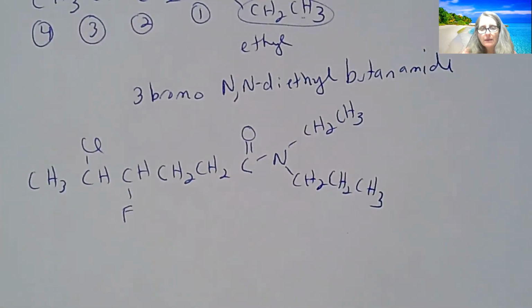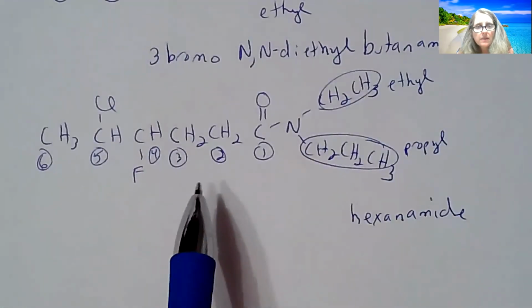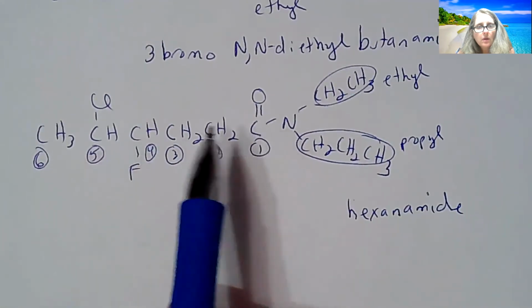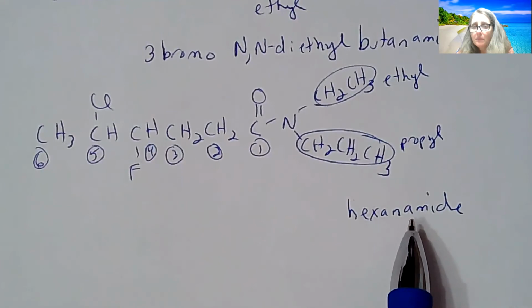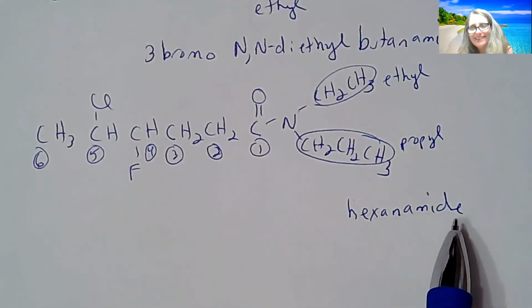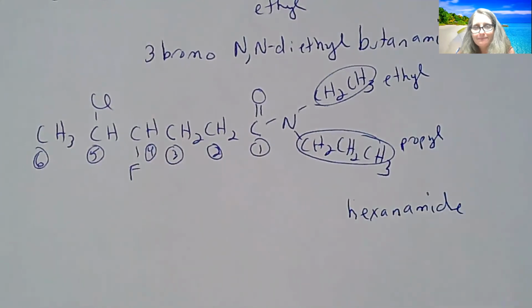See if you can name it. So this one has 6 carbons as the longest chain. So it's going to end in hexanamide. Again, dropping the E and putting in an amide.